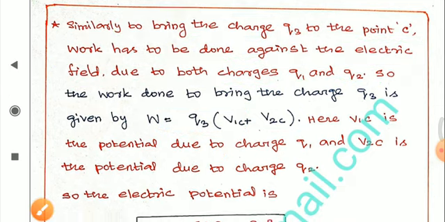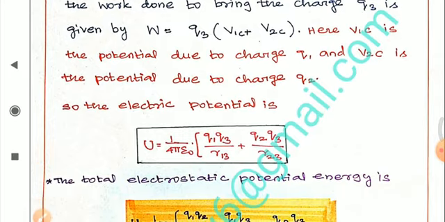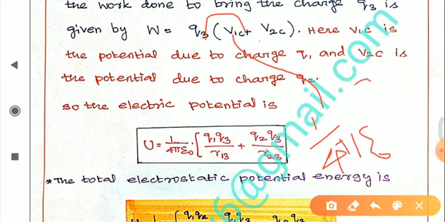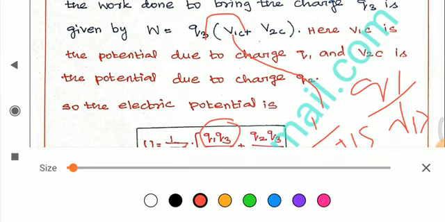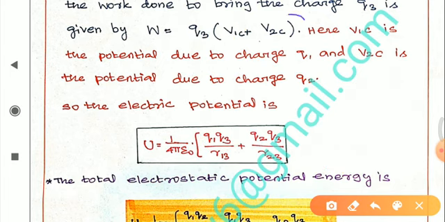So the work will be Q3 into, now we can multiply, V1C. V1C is nothing but 1 by 4 pi epsilon naught into Q1 by R13, into Q3. So I have given here Q1 Q3 divided by R13, plus what is the value of V2C?